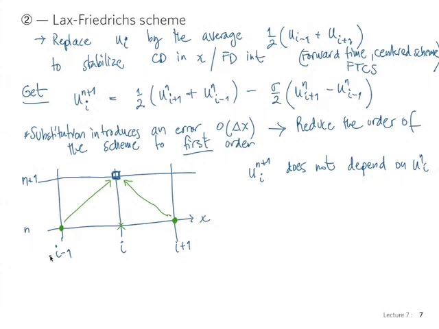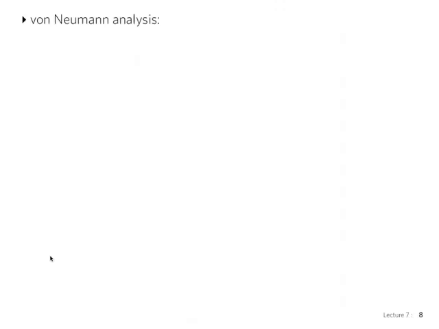And this is going to introduce some interesting behavior. But let's look now at the stability characteristics of this scheme by using our trusted von Neumann analysis, by inserting the harmonic V^n times e^{i phi} into the numerical scheme.